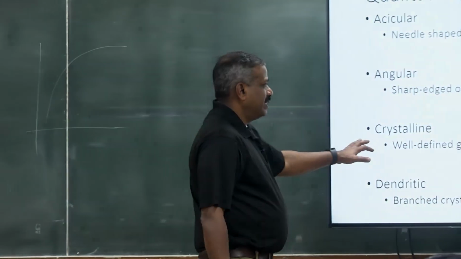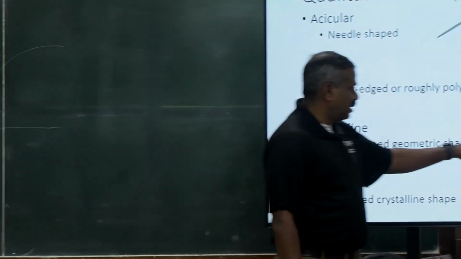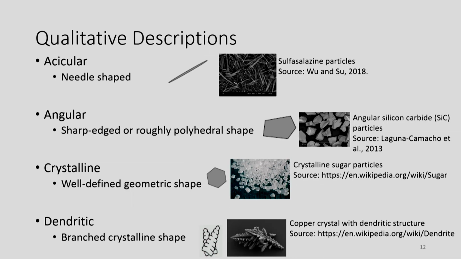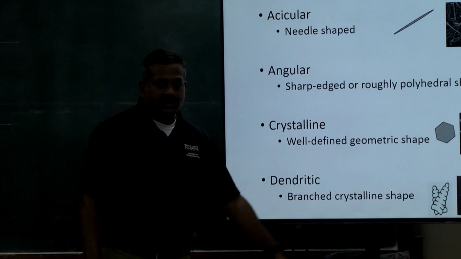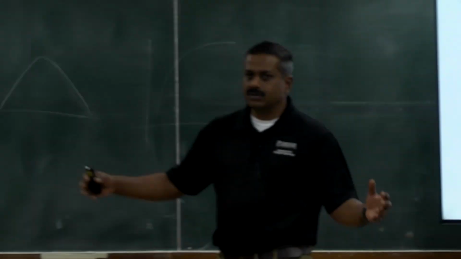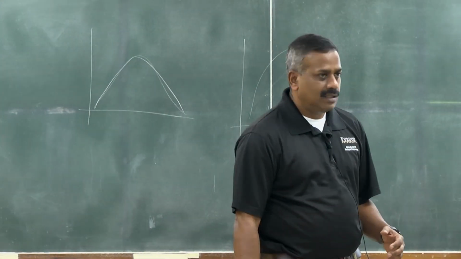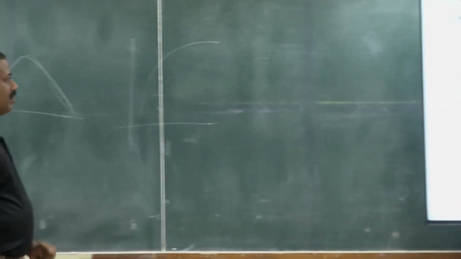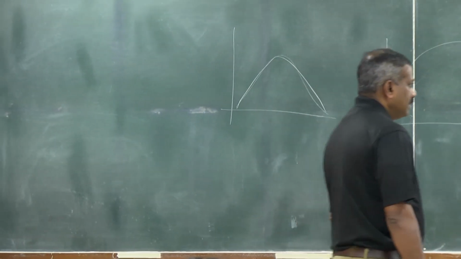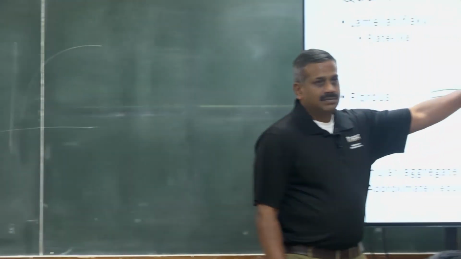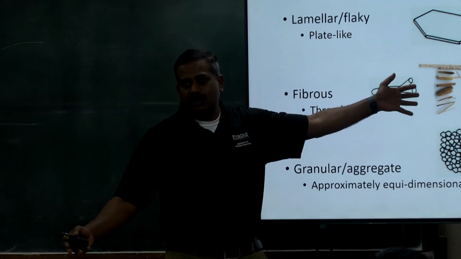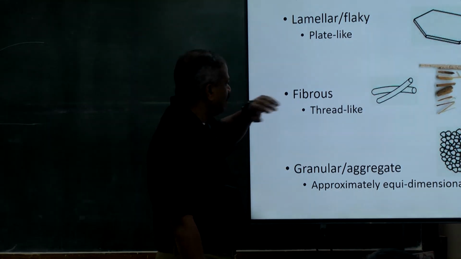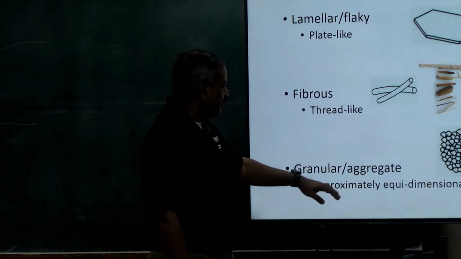Crystalline, well defined ones like sugar and salt will have cornered particles. Then dendritic, mostly crystals forming over crystals. If it's a continuous crystallization, you might see this dendritic shape. Flaky, right? When you make soybean oil, you make flaky particles, flakes. Fibrous, again, thread-like.